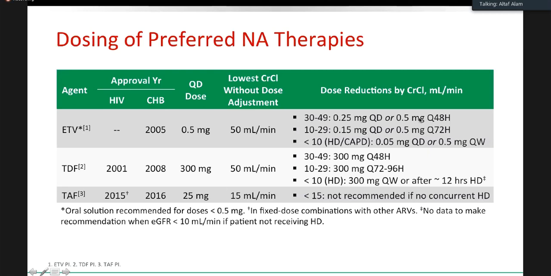There is no dose change recommended until the creatinine clearance is less than 15 mil per minute. So that is why it is a good option, which is now available for patients with CKD. And you can use them until creatinine clearance of more than 15 without any dose change.